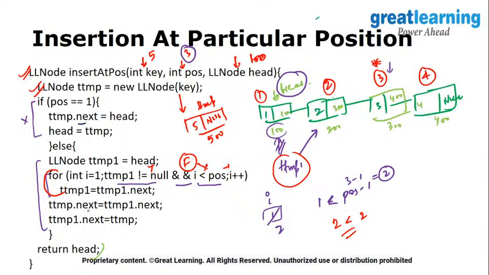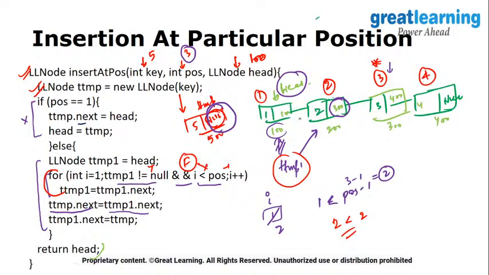Please store TTMP's next equal to TTMP1's next. Okay. So whatever is stored in TTMP's next. So we are talking about this thing. Okay. We are talking about, let me just use another color, this step. TTMP's next. Please store TTMP1's next. We are talking about this node and this thing.